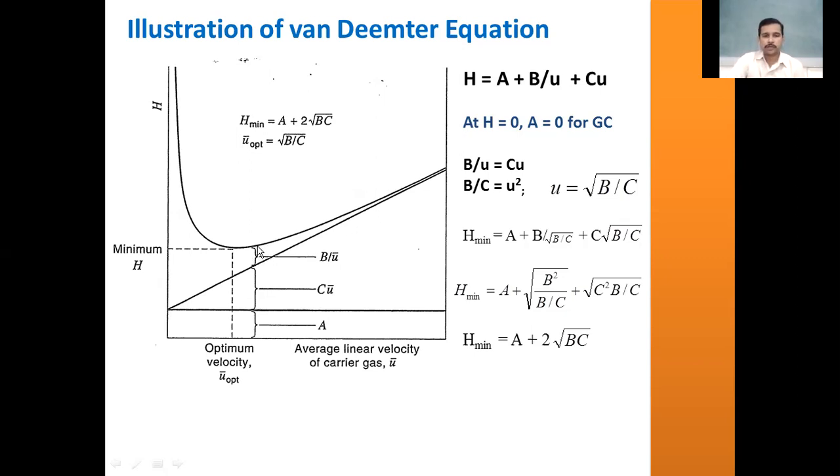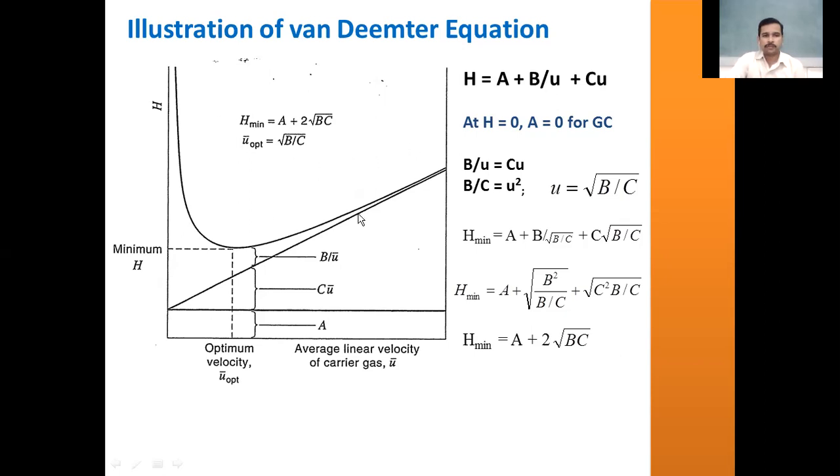Up to that particular velocity, you can fix the optimum velocity of the mobile phase, denoted as U bar optimum. This is the point up to which U bar can be maintained for the elution of the solute, at which the height of the theoretical plate is maintained at lower values. So column efficiency is maximum if you maintain the mobile phase velocity up to this particular speed. This is for the second term.